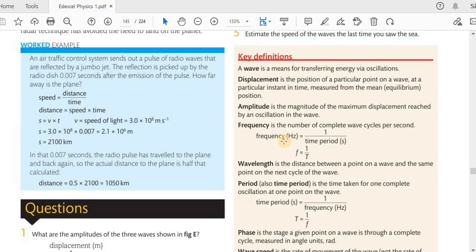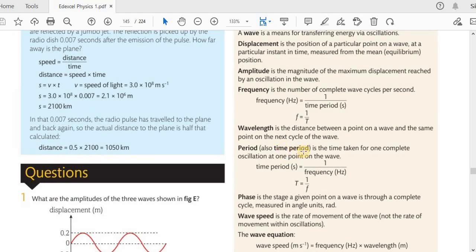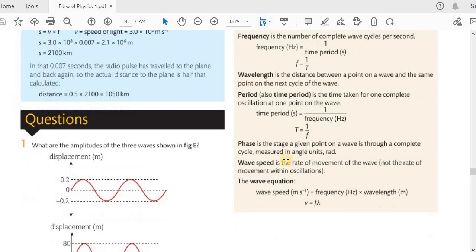Then we have period. The time period is the time taken for one complete oscillation at one point on the wave. Period equals 1 over frequency. Then we have phase, which is the stage a given point on a wave is through a complete cycle, measured in angle units.